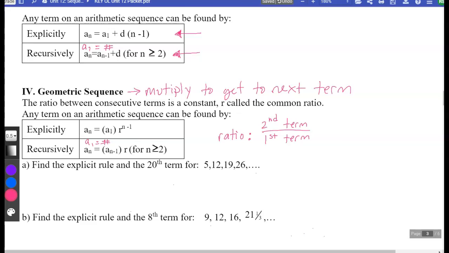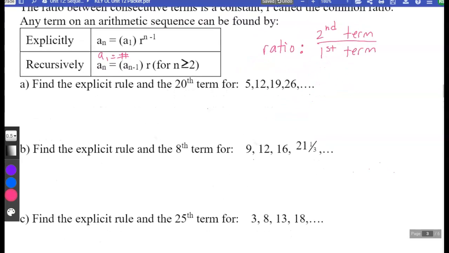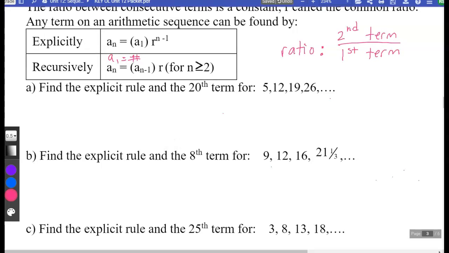Okay, so let's try it. First, we have to identify, is this arithmetic, geometric, or neither? It could be neither. There are a lot of sequences that are neither of these things. But let's look at this first sequence and tell me what's happening here.